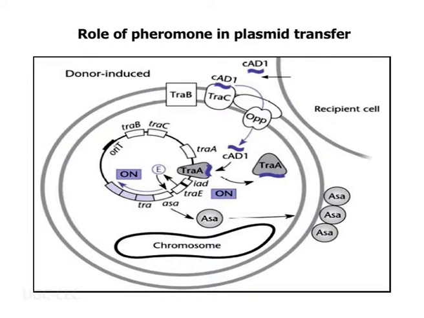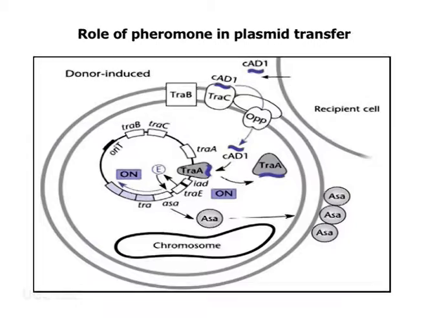Once the signaling molecule binds to TRA-A, it removes TRA-A by changing its conformation, and because the repression is lifted, the whole class of tra-operon genes is switched on. These are responsible for the synthesis of many proteins which adhere to the cell surface of the donor bacteria, and the aggregation of these proteins makes contact with the recipient bacteria. This leads to the transfer of the entire PAD1 plasmid from the donor to the recipient bacteria.